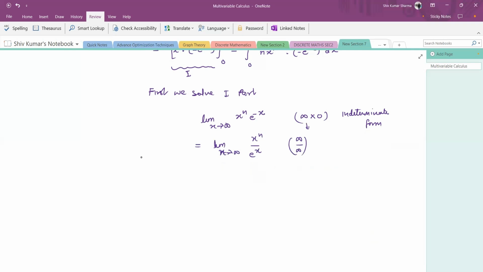Now, when we have 0 upon 0 or infinity upon infinity, we apply the L'Hospital rule. So this can be written as differentiation of numerator, n x raised to the power n minus 1, and differentiation of denominator, e raised to the power x.